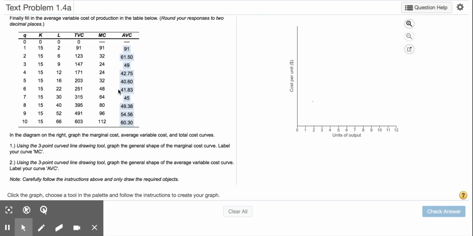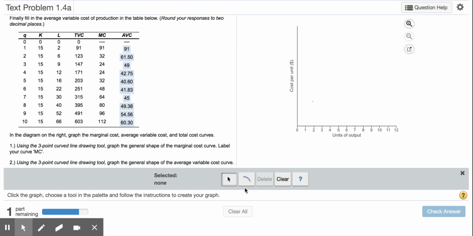Okay, we're going to start with the marginal cost. The first point is 1, and the marginal cost is 91.